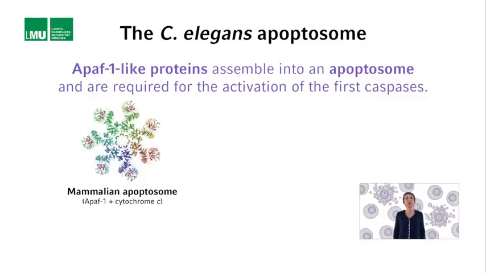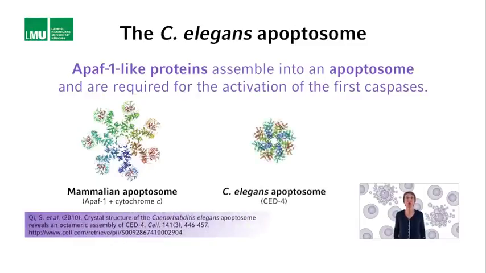In 2010, Yigong Shi and co-workers published a crystal structure of the C. elegans apoptosome at a resolution of 3.55 angstrom. So with much better resolution and therefore more detailed structural information.